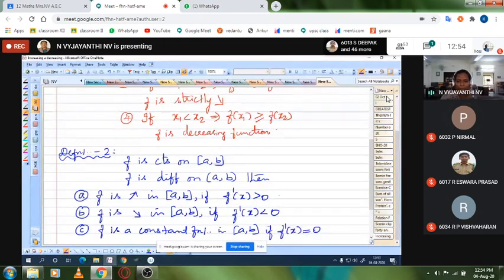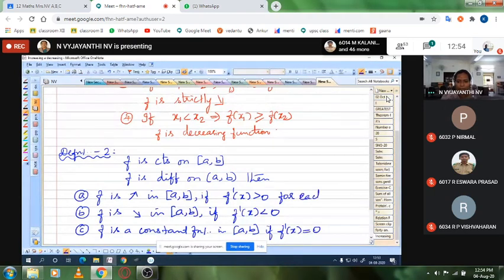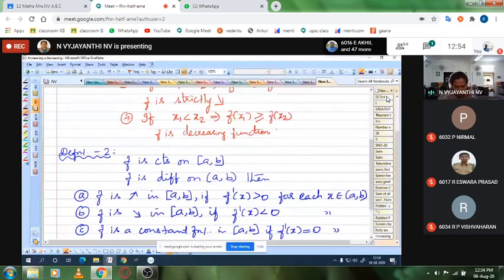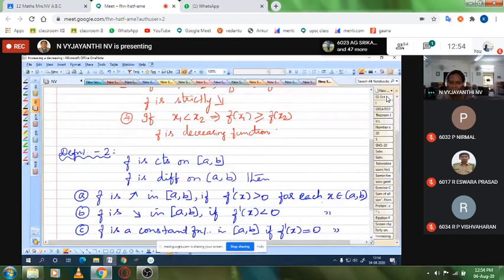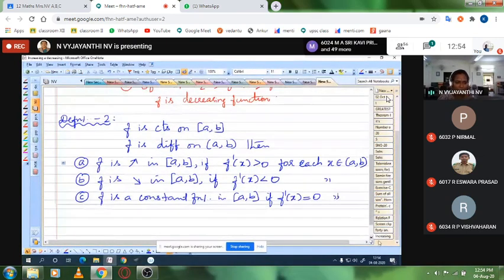So here, what are the values we have to assume for x? We have to assume only the values of x that lie in the open interval a comma b. We should not consider the endpoints a comma b. Okay, that is the condition. So when do we say that it is strictly increasing according to this definition?